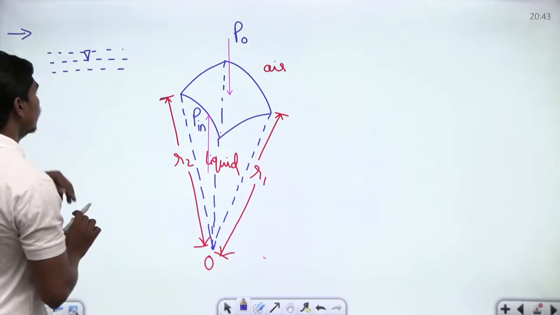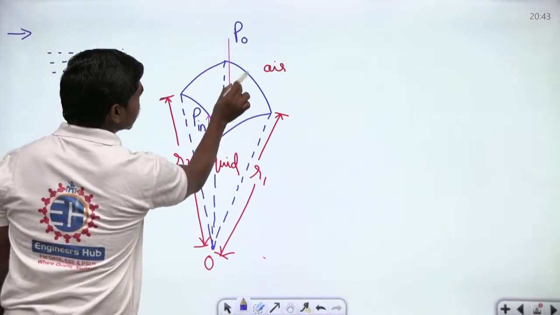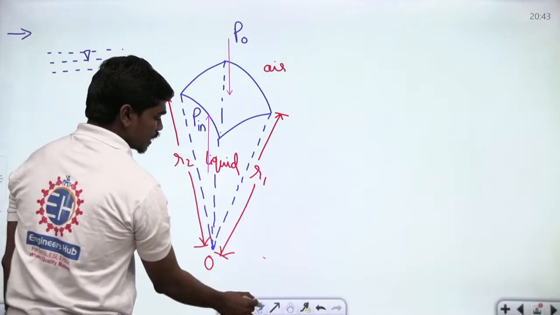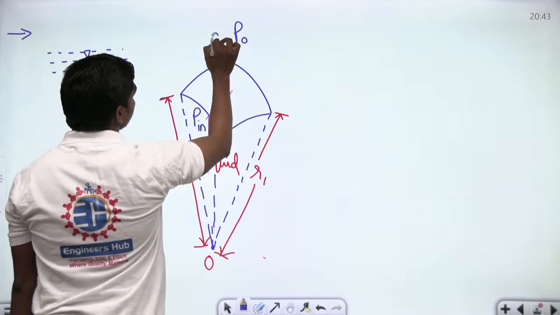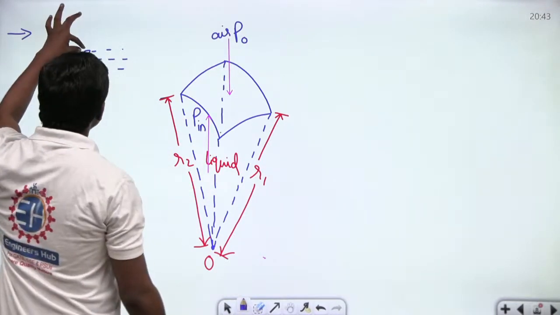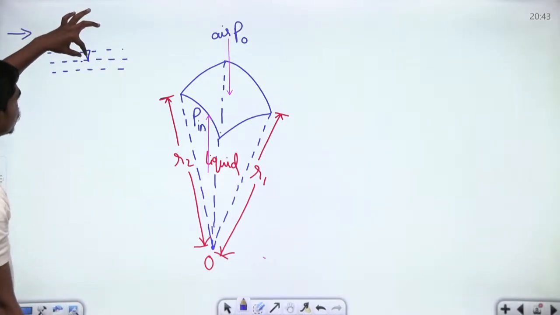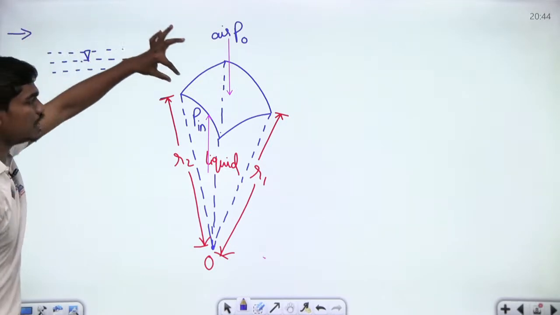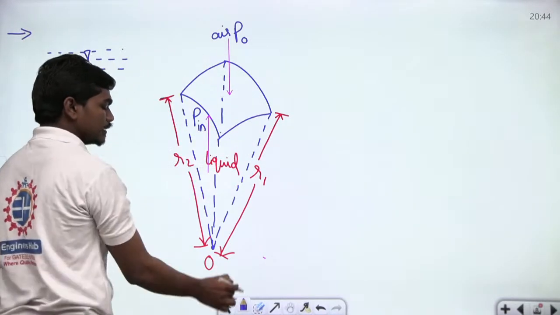Now see carefully: from this bulk of fluid, if I take the surface, definitely this surface is subjected to some surface tension forces, correct? Let us suppose this is air somewhere here on the top, acting on this complete surface. Whenever I take this block out and draw the free body diagram of this block, there will be some surface tension forces acting on it, correct?